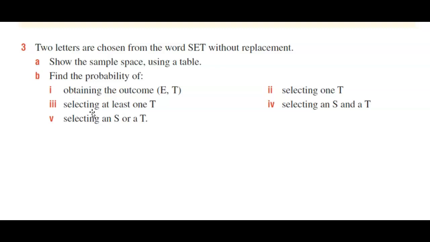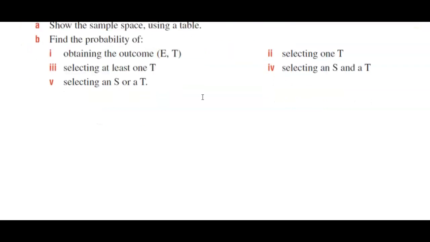All right, question 3. So here we've got the word set, so a 3-letter word. Show the sample space using a table. And we've got, should have read this properly, without replacement. So once we've taken a letter, S, E, or T, we cannot use it again.